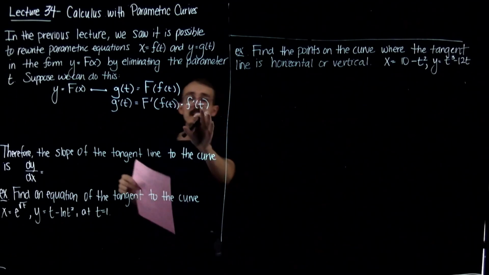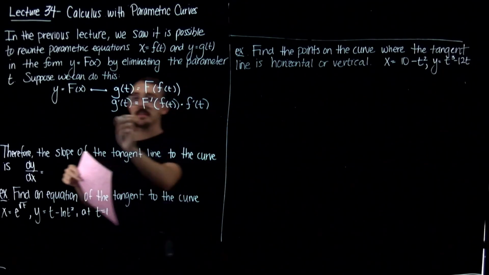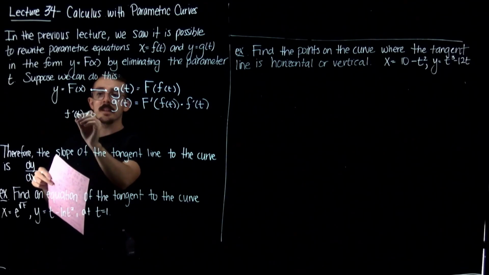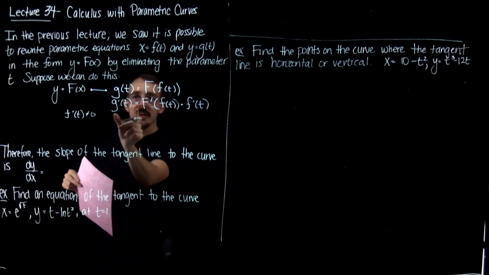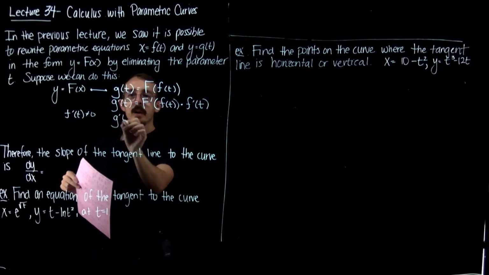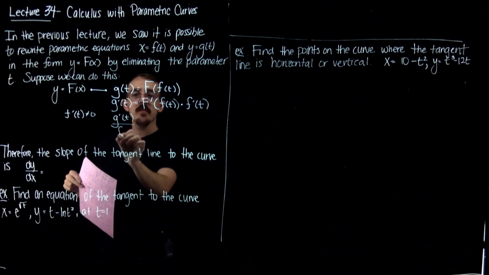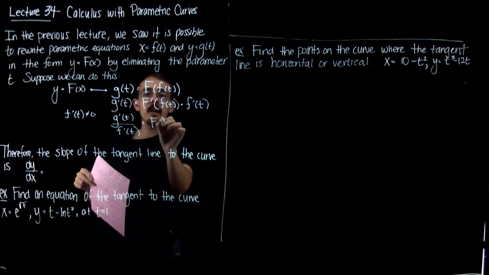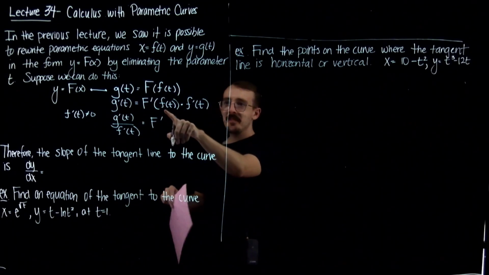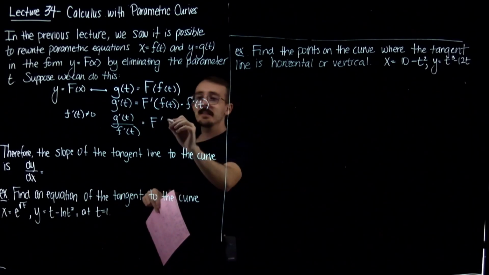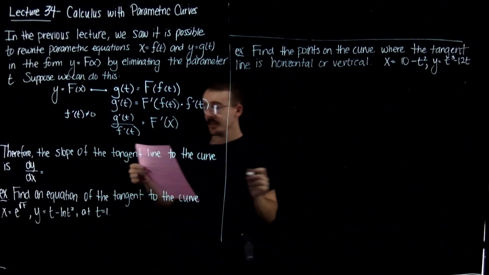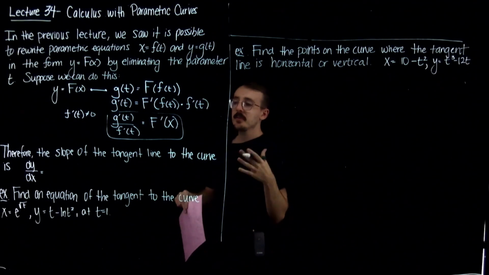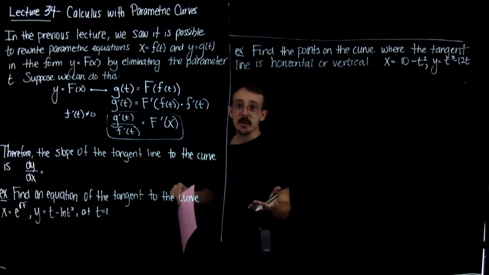So then notice, as long as f prime of t is not equal to 0, you can divide this to the other side. So this means we have g prime of t over f prime of t. That's equal to capital F prime of, and what was this f of t again? Well, that was x. So this is our formula we're going to be using for the derivative of some parametric curve.